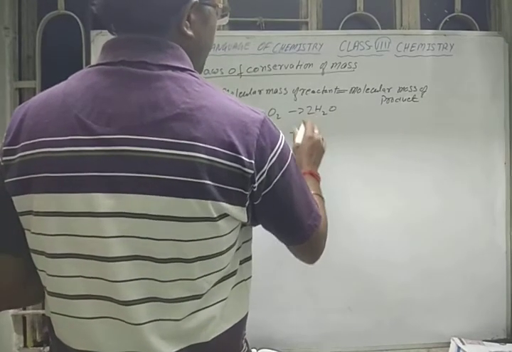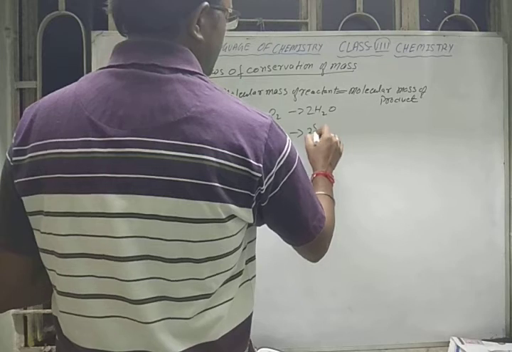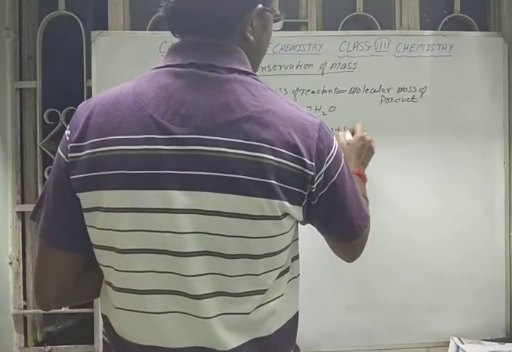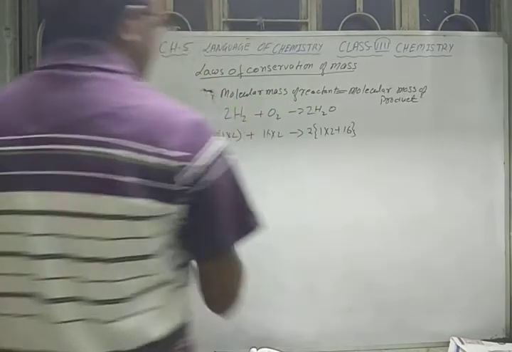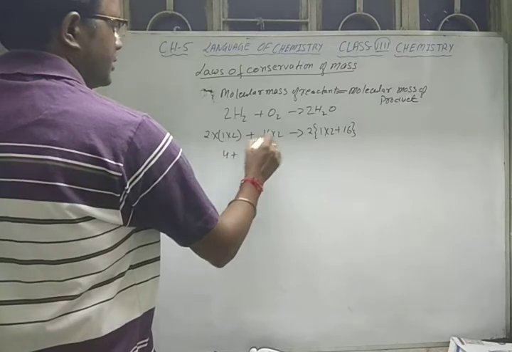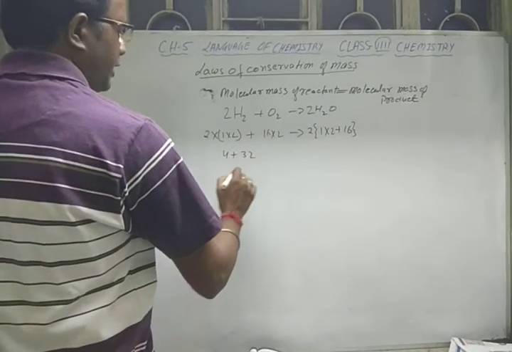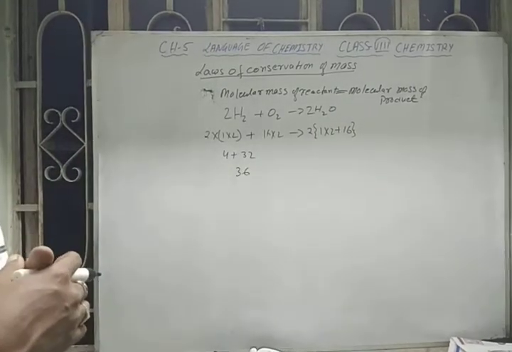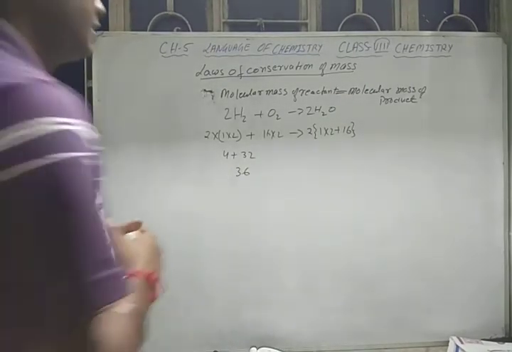Now do the calculation: 2 ones are 2, 2 twos are 4, plus 16 twos are 32, and that makes a total of 36.